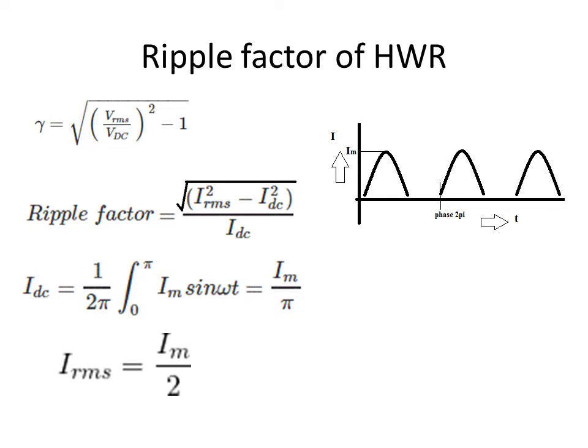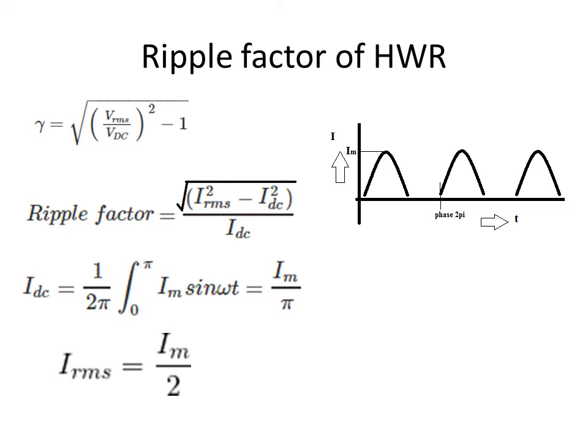You can see I have drawn a small black vertical line along the x-axis. At that point it is the end of the first wave. One wave starts from zero and goes to a maximum value, which is represented as Im, the maximum possible current or the peak current.